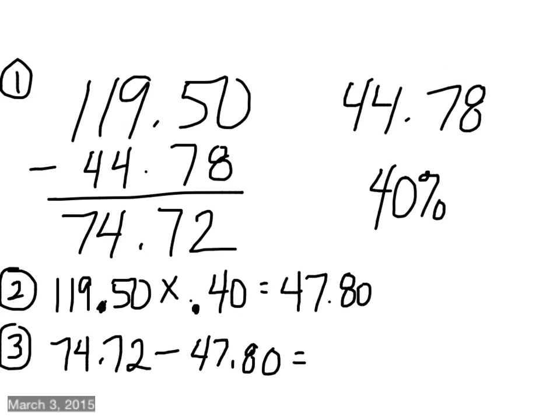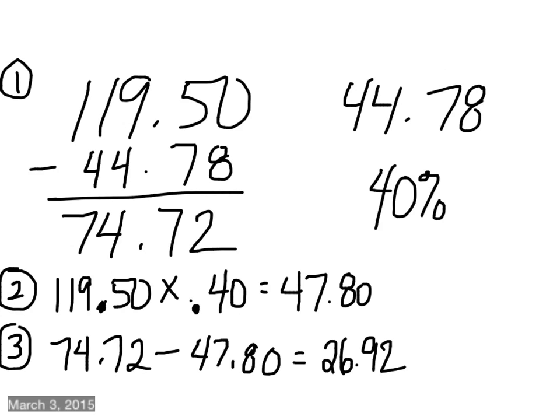Can't be 0. If I'm taking $74 minus $47, I'm not going to get 0. $26.92. That process is everything we did yesterday. The first step was we subtracted out the cost. Then we found the overhead and minused that out. This number that Dustin just told me is the net profit.